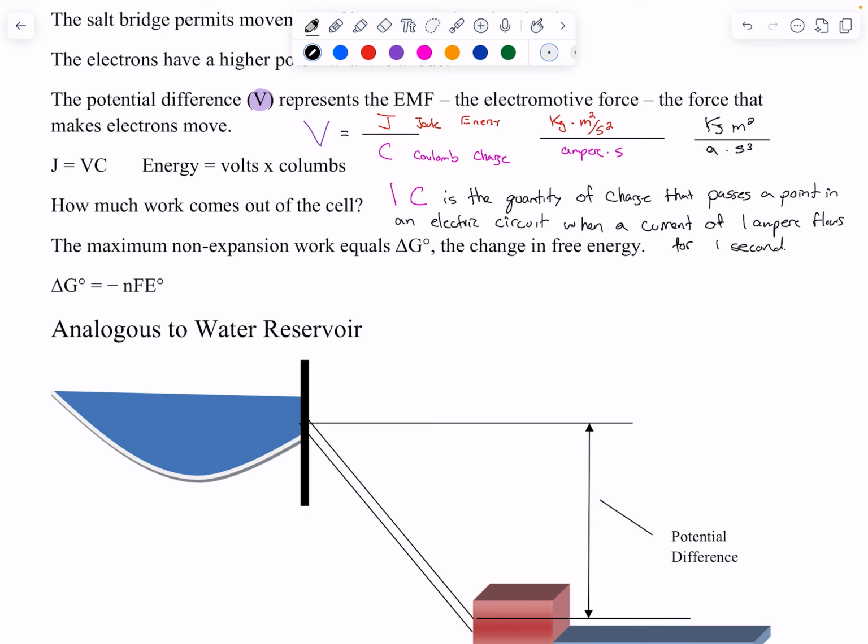An ampere, which is a rate, is equal to 1 coulomb over 1 second. And coulombs equals amps times seconds.